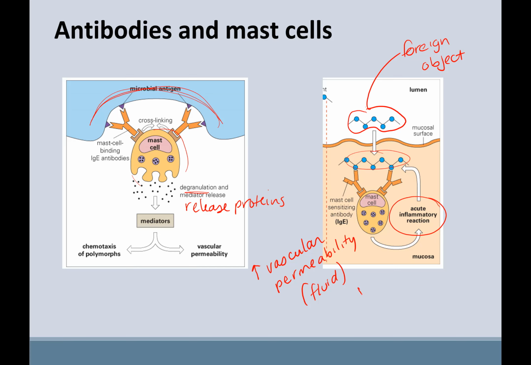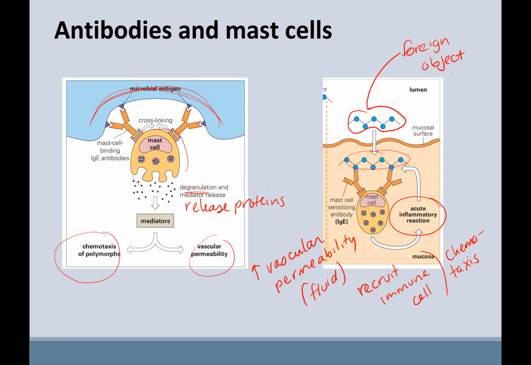You are recruiting immune cells. Okay, so this is your chemotaxis. And all of this leads to inflammation. So here you go, chemotaxis, vascular permeability.